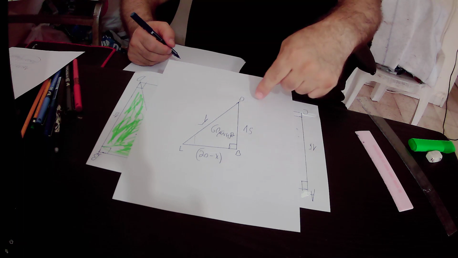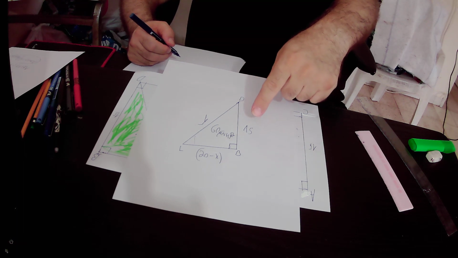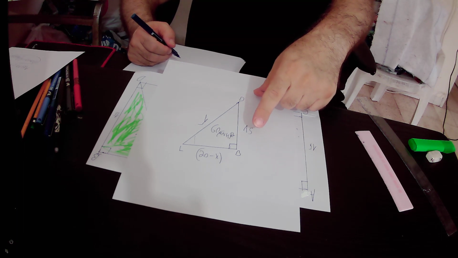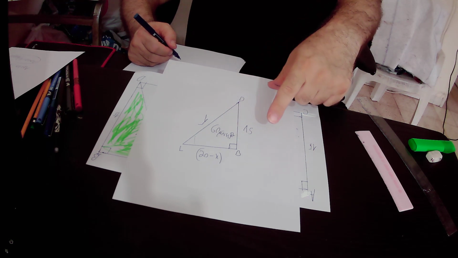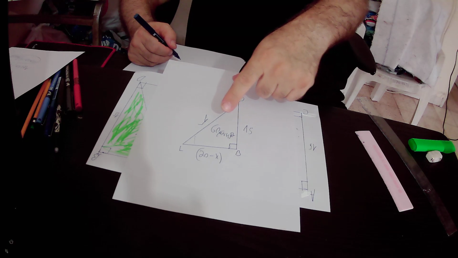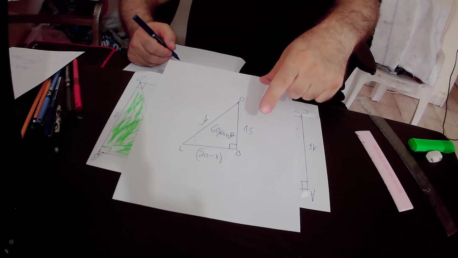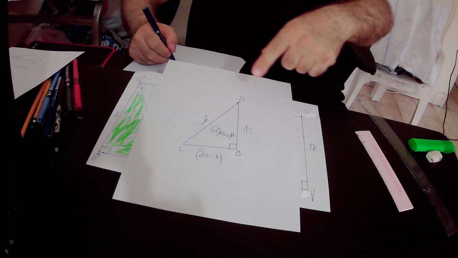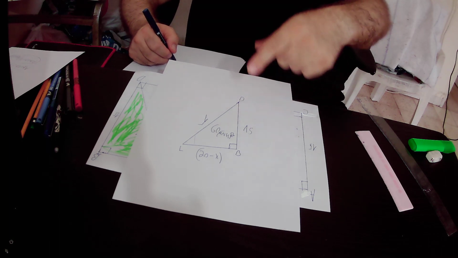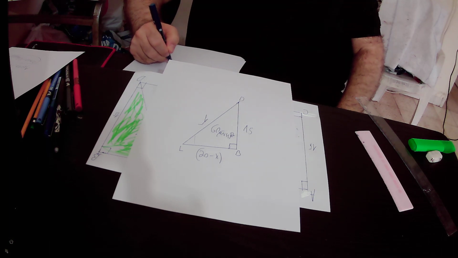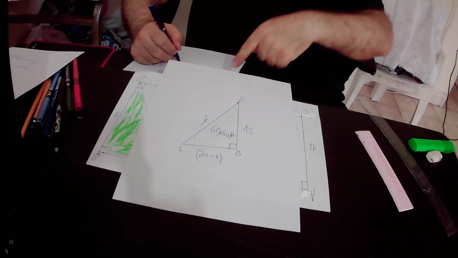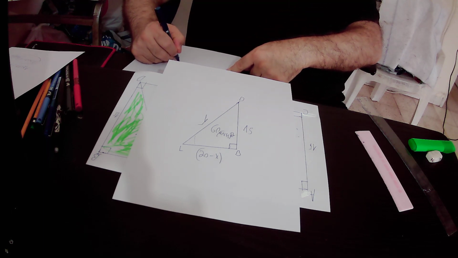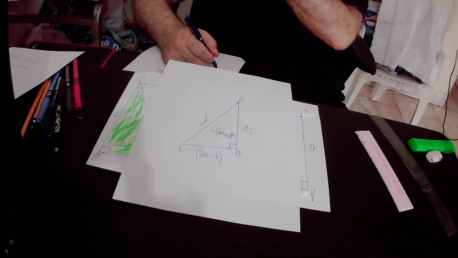The height is 15 units because side BD creates 90 degrees with LB. BD is perpendicular to LB, so the height of this right triangle is 15 units because it creates 90 degrees with the base. So it is 20 minus x, the base, times the height, that is 15, over 2.